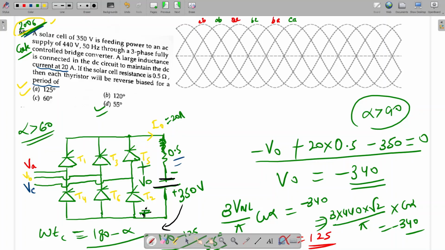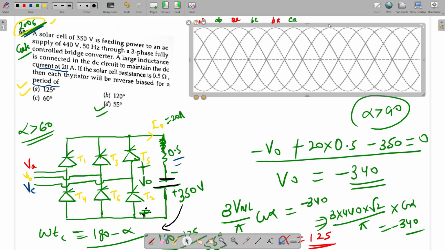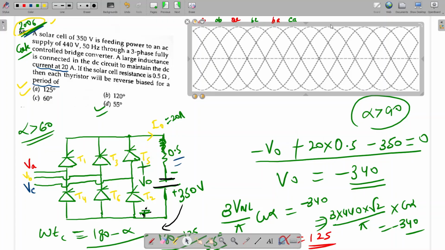I think here also I made a mistake. This waveform is shifted, I think, left or right. That we can fix. Now is it okay? Okay, sir.